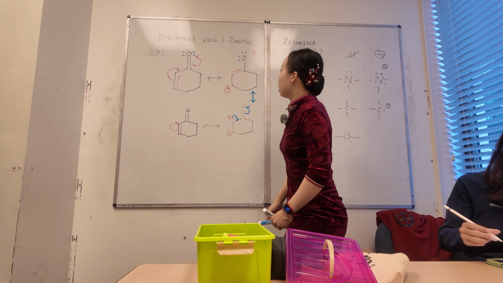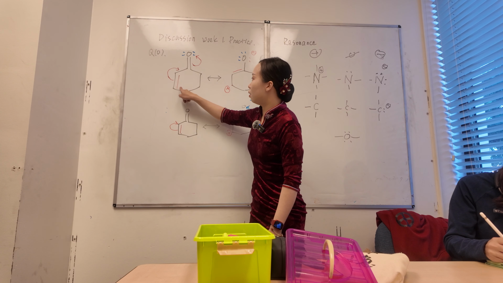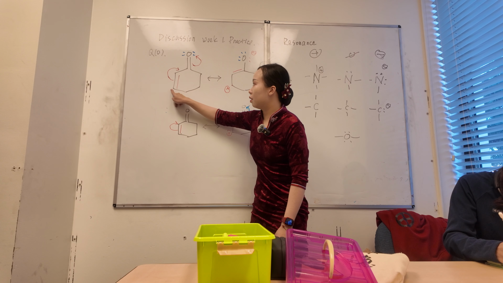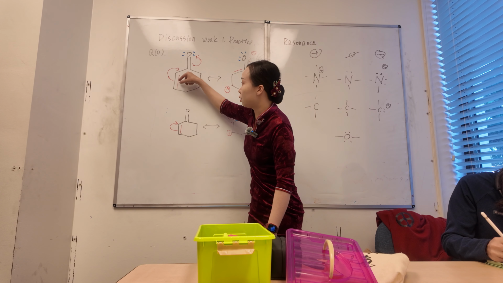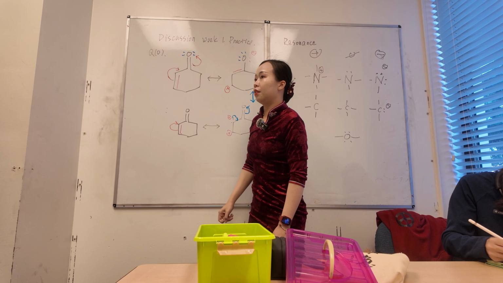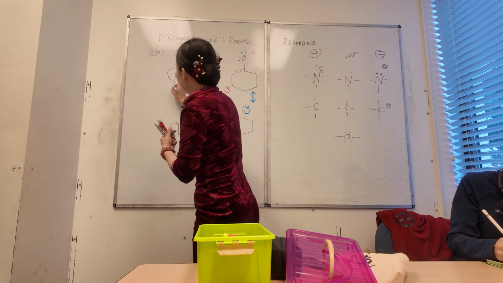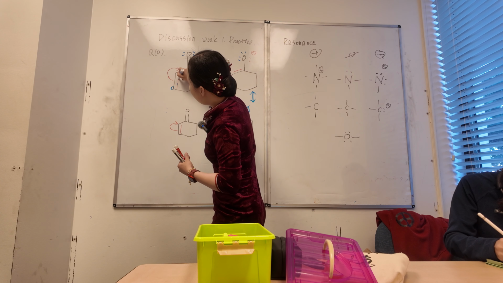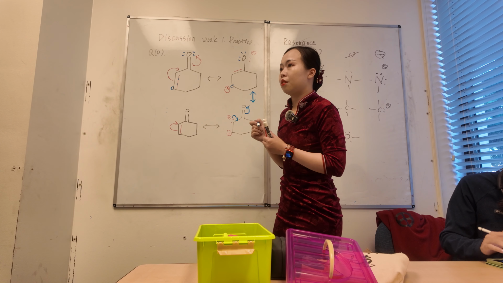So why is there the plus on the carbon there? Because you are breaking this bond. Previously, this carbon had an electron, and this bond is being transferred, so you're missing an electron. This bond is 2 electrons, right? You're missing one, so your carbon will be positive.